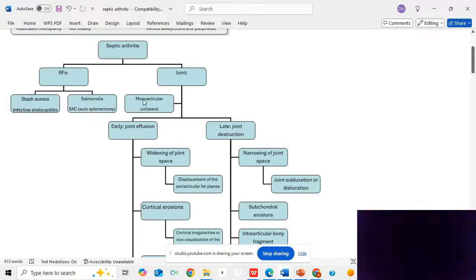So this is the first case of septic arthritis. Before starting, you need to know the risk factors of septic arthritis.